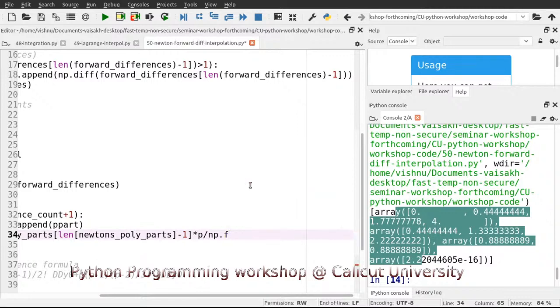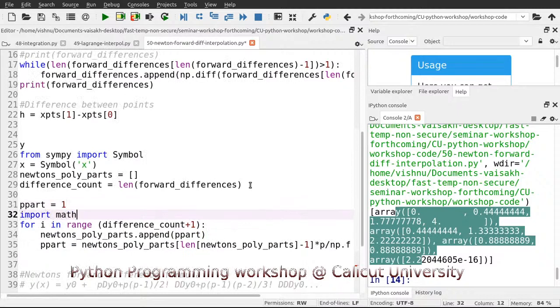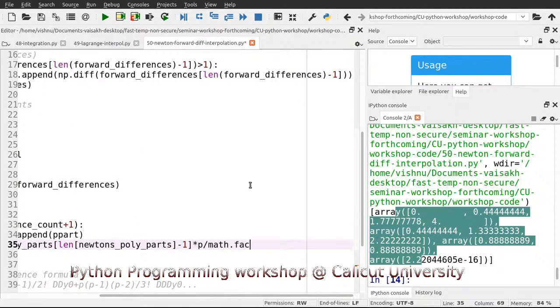Oh, there is no factorial. Maybe I should import math. math dot factorial.